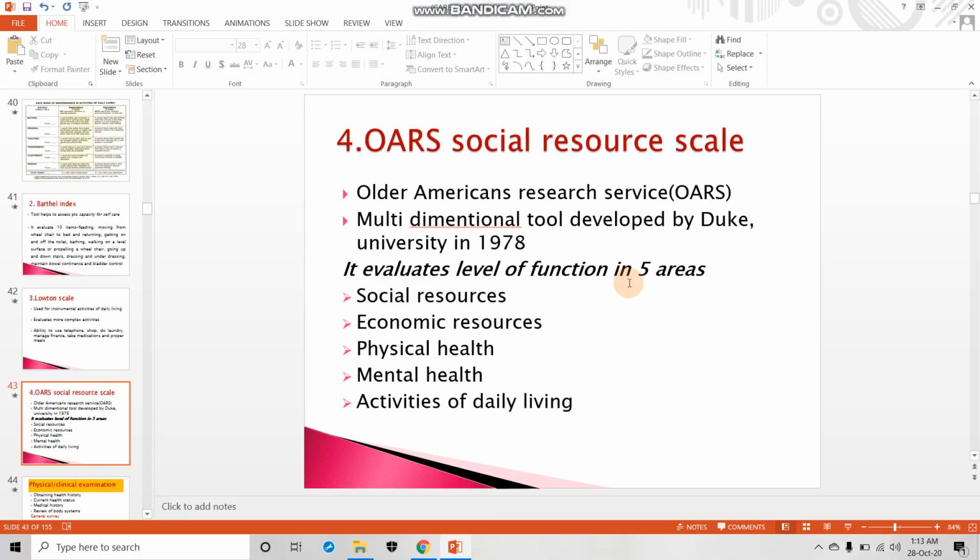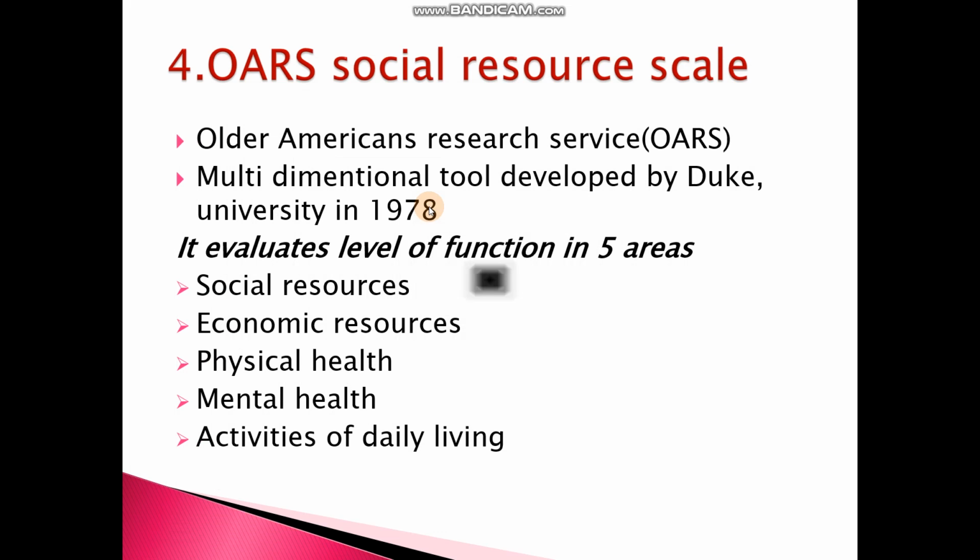Mainly it evaluates 5 areas: social as well as economic resources, physical as well as mental health, and activities of daily living. That is OARS, Older Americans Research Services, which was developed by Duke. By the way, Duke is a university.